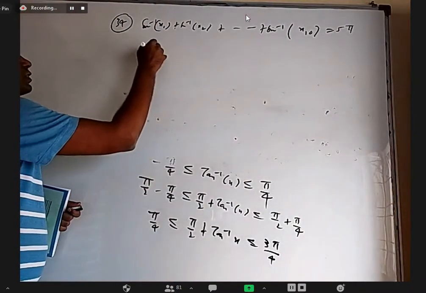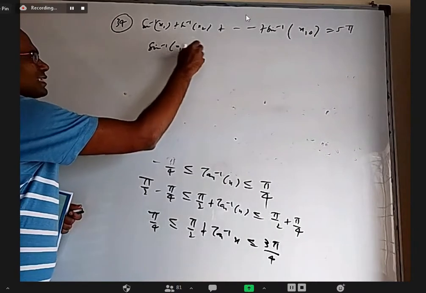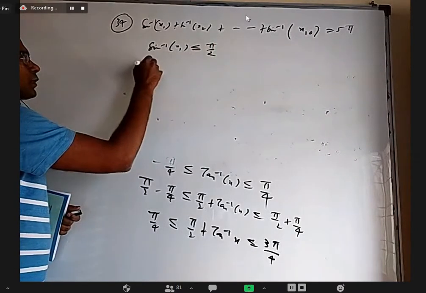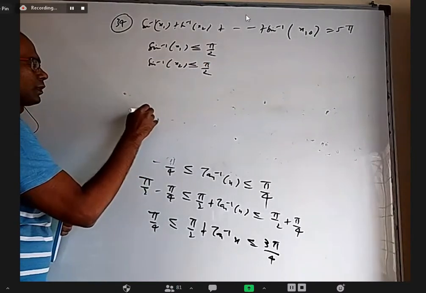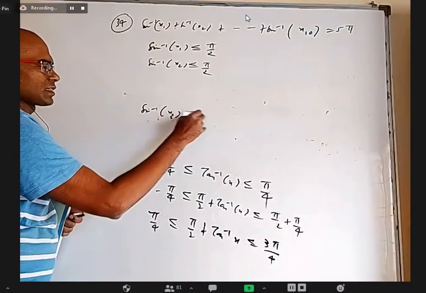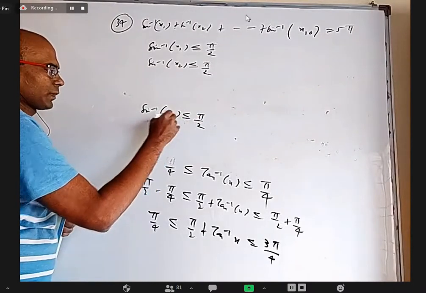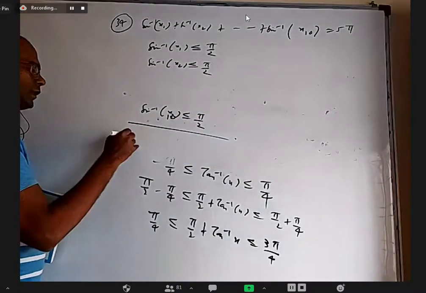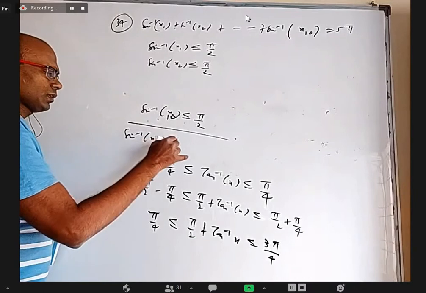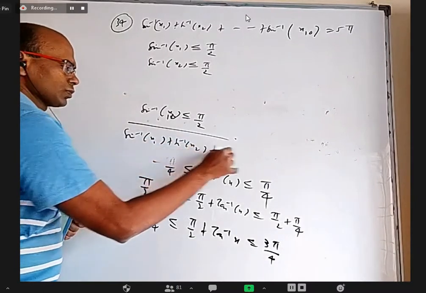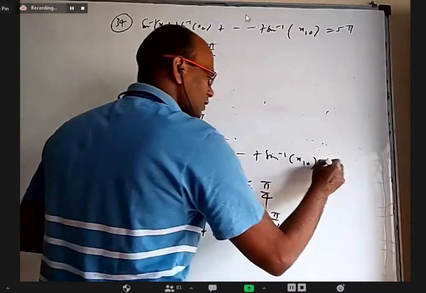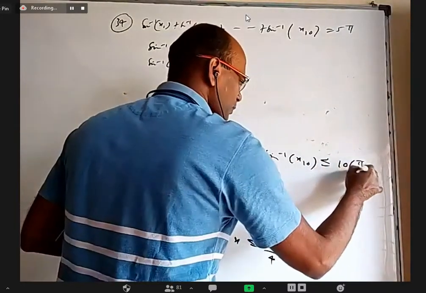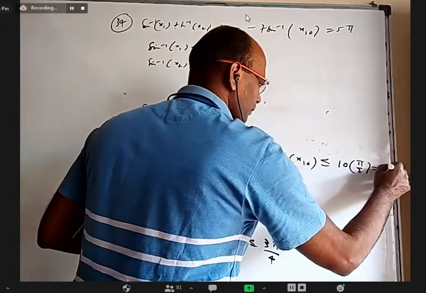So sin inverse x1 is less than or equal to pi by 2. Sin inverse x2 is less than or equal to pi by 2. Similarly, sin inverse x3, up to x10, is less than or equal to pi by 2. When you add all of them, you get sin inverse x1 plus sin inverse x2, and so on up to sin inverse x10, is less than or equal to 10 times pi by 2, which is 5 pi.